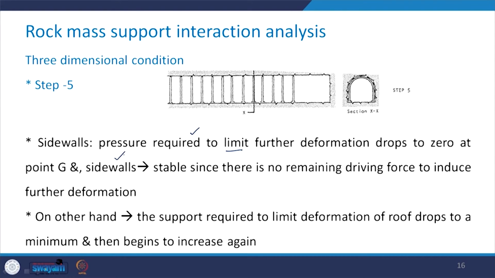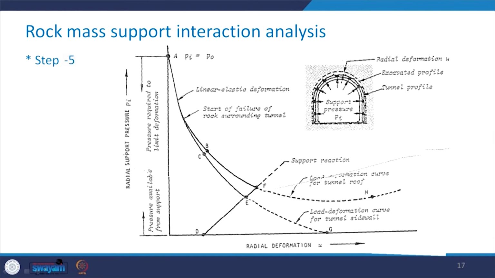On the other hand, the support required to limit the deformation of the roof drops to a minimum and then begins to increase again. Take a look here that in case of the side wall, it follows this curve and becomes 0 at point G.